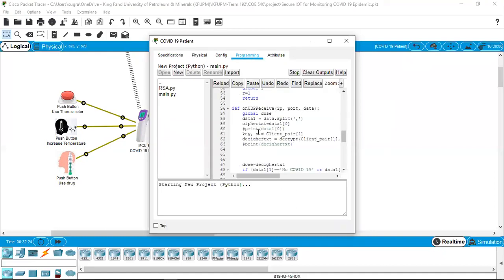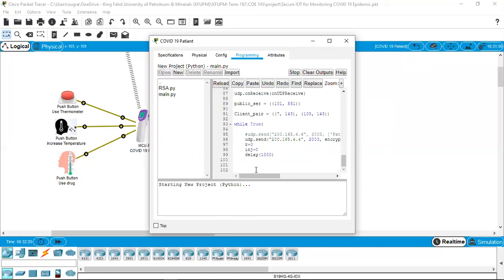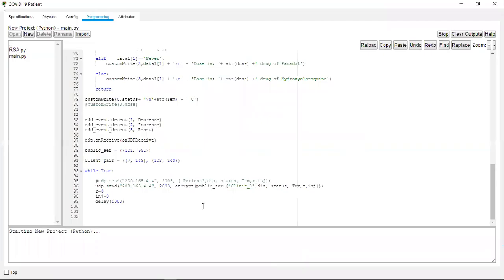Whenever we send the data, as we talked earlier, instead of sending the data as clear plain text, which is here, we remove this and we use the encryption functions related to RSA, which is our encryption algorithm.